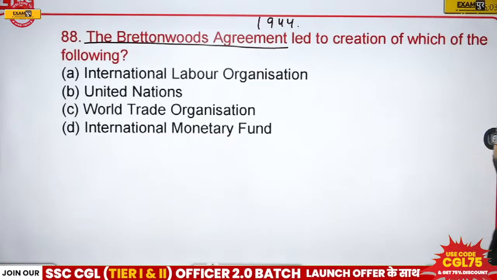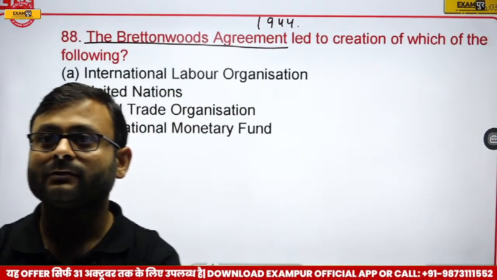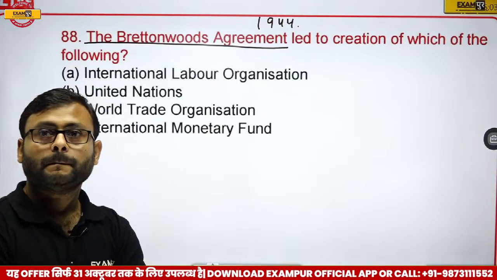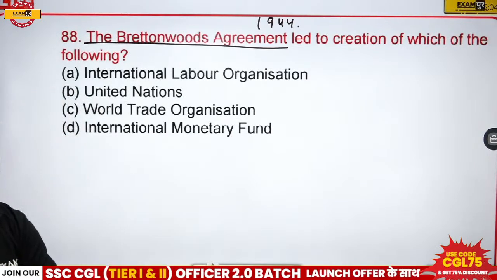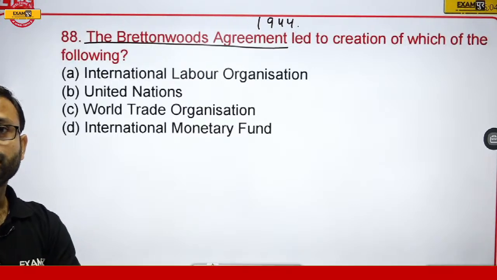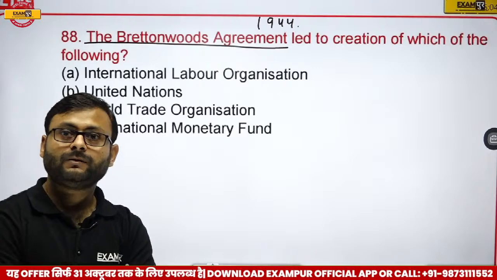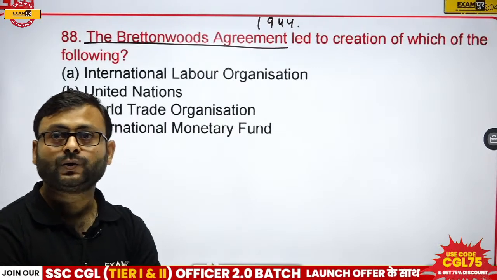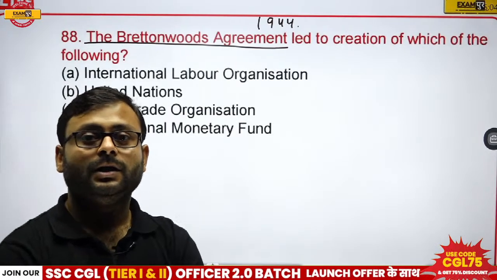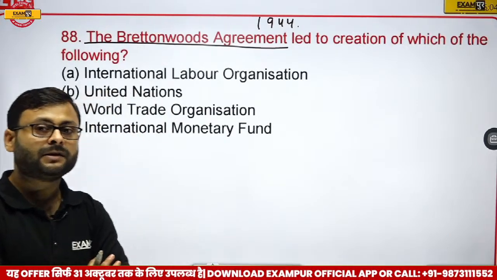Hmm. What is the correct answer? Shreya Bara, you are giving B option. No, B option is not the correct answer for this question. Bretton Woods Agreement was signed in 1944 and it led to the creation of the International Bank for Reconstruction and Development, and the other one is the International Monetary Fund.